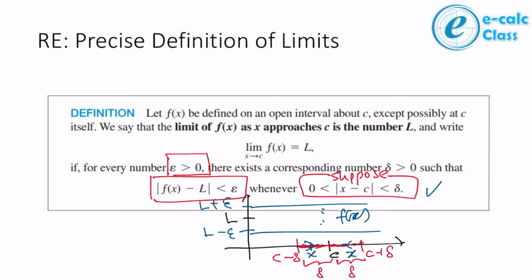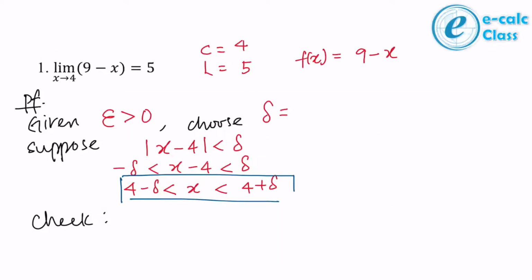We do everything first, then we come back to the setup of delta. Now we want the absolute value of f(x) minus L smaller than epsilon. f(x) is 9 minus x, minus L, is smaller than epsilon.